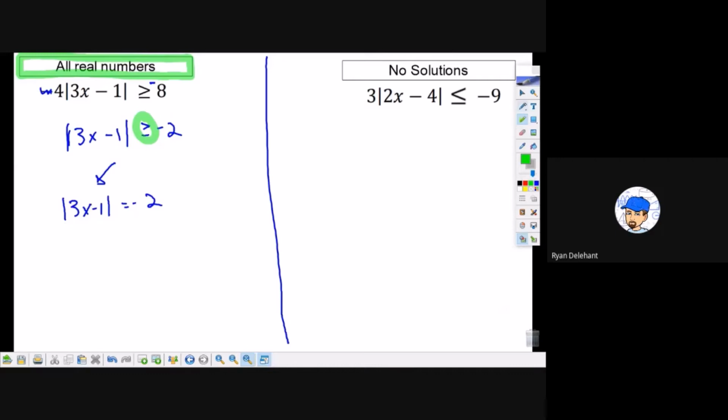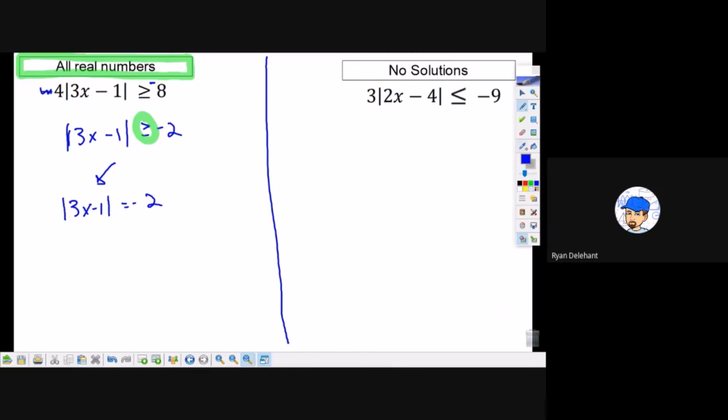And why does that work? Because what type of numbers have to come out of an absolute value sign? They always have to be positive. Are positive numbers bigger than negative numbers? So by definition, because there's an absolute value and it's saying that it's going to be bigger than a negative number, well, yes, that's because it's always positive, and positives are bigger than negatives.